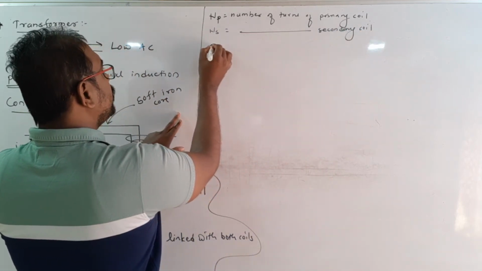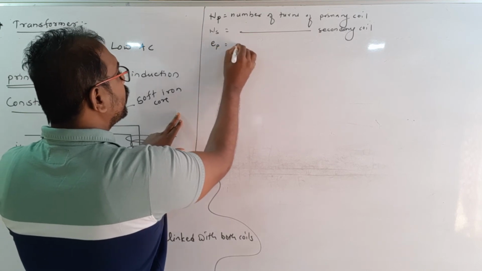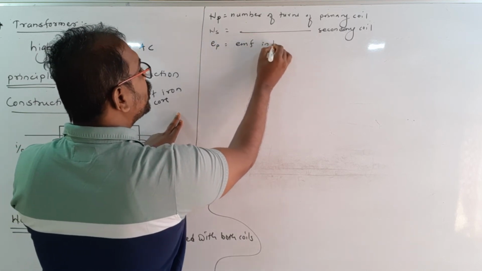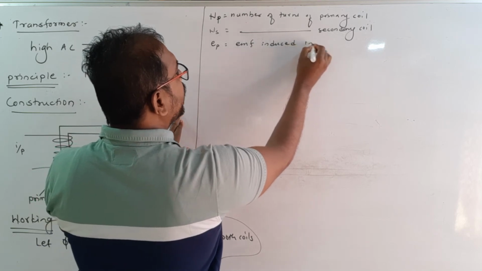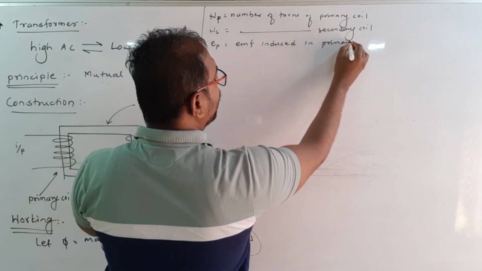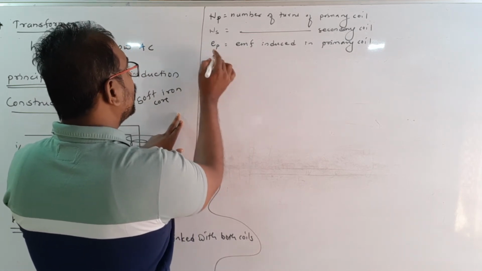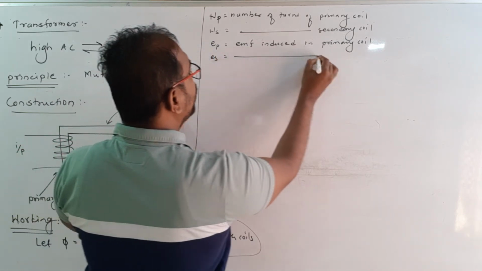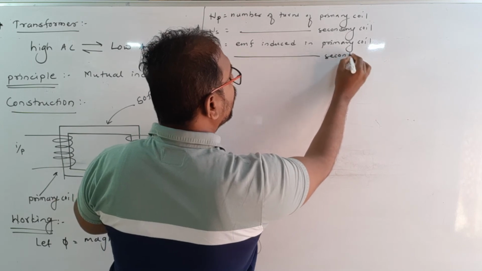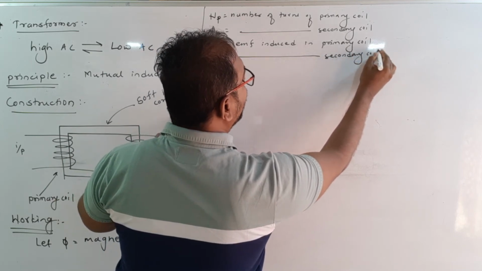Then EP, EMF induced in primary. ES, EMF induced in secondary coil.